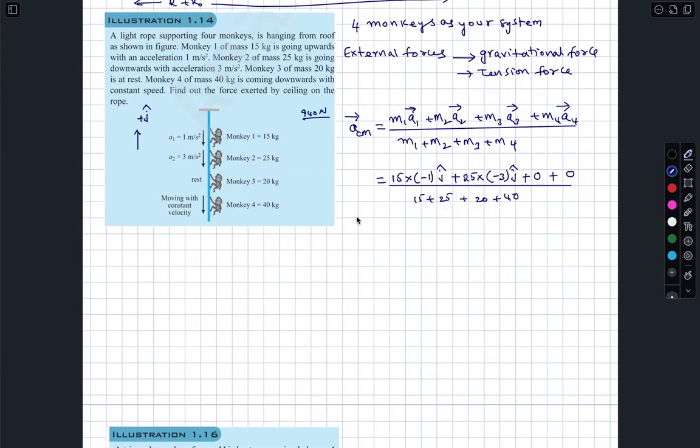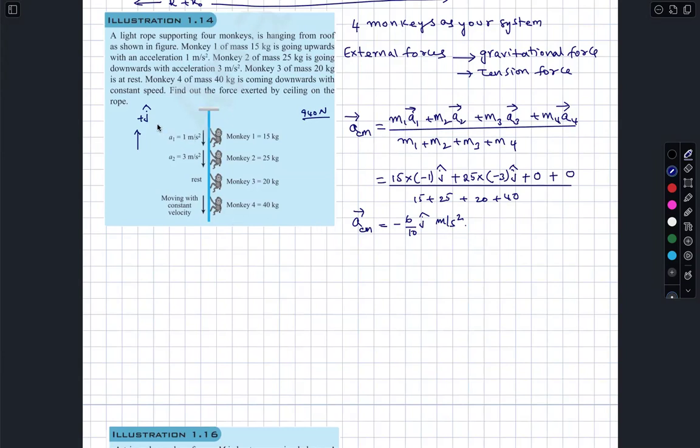So the acceleration of center of mass is minus 6 by 10 J cap meter per second square. Minus J cap represents downwards. Right.